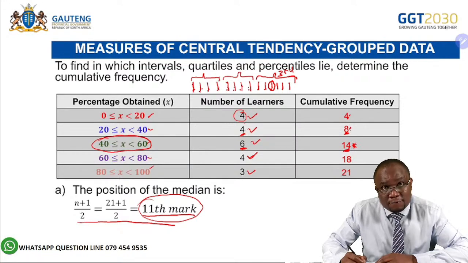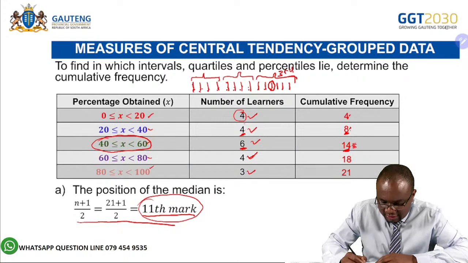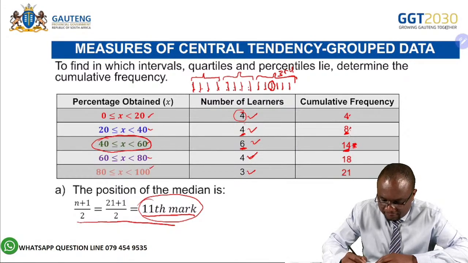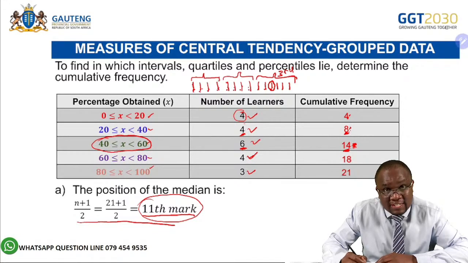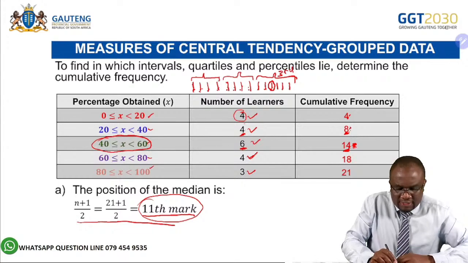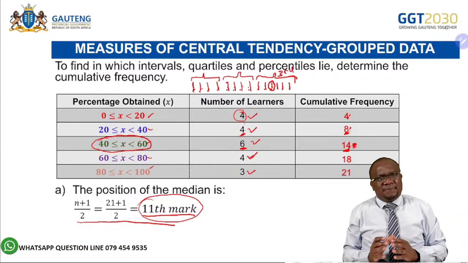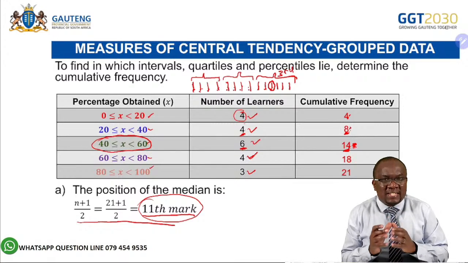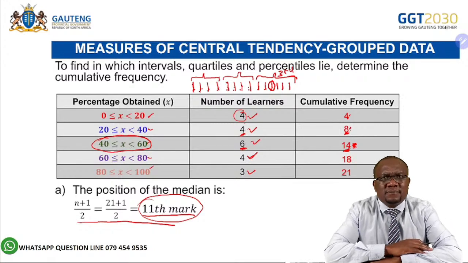And then if we're talking about the 11th number, the 11th data item, it should be in here, between the first 8 and the first 14. So our class interval there is from 40 to 60. That's the class interval where the median lies.